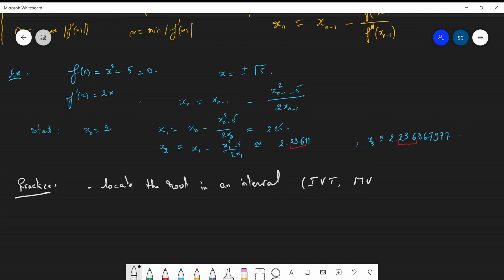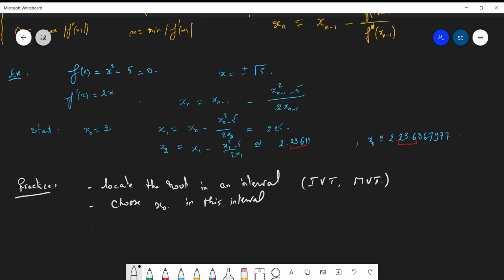The mean value theorem sometimes also works. Then, once you locate it, choose x0 in this interval.